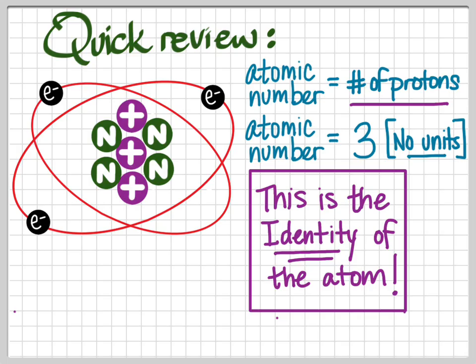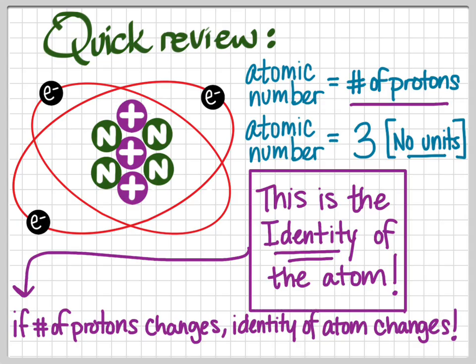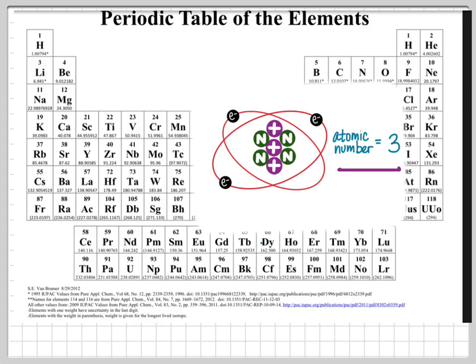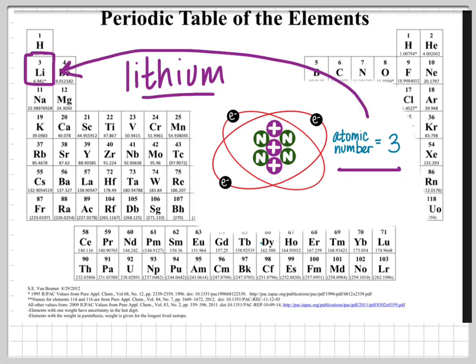So this is important because this is the identity of the atom. If the number of protons changes, the identity of the atoms changes. For the little sample atom that I've been doing with an atomic number of 3, we can figure out where it is on the periodic table by looking for the element with an atomic number 3. Hey, it's lithium.